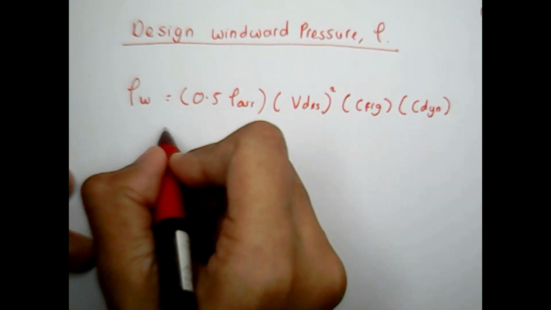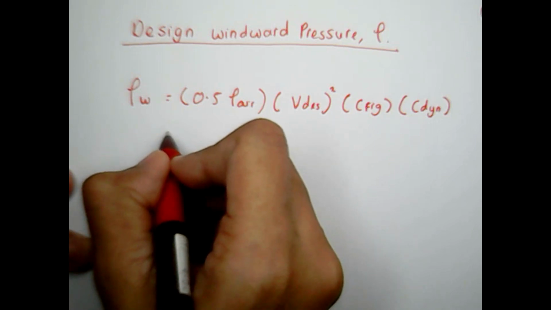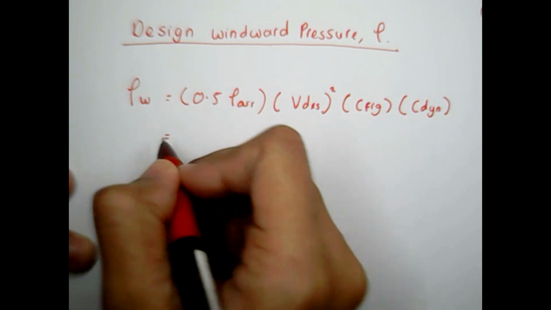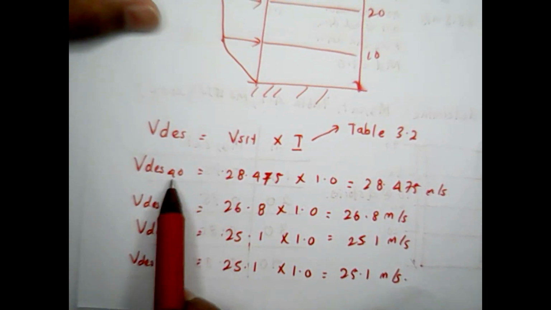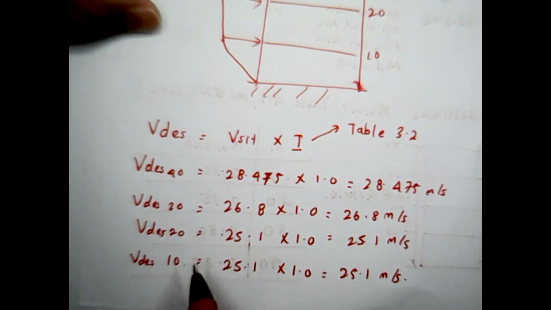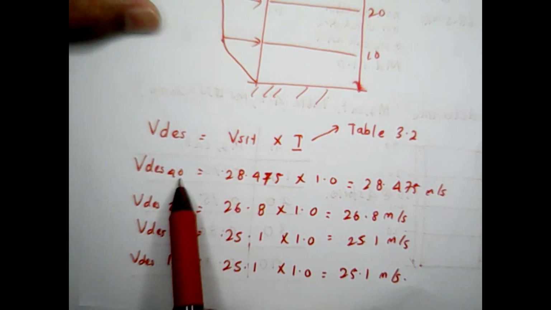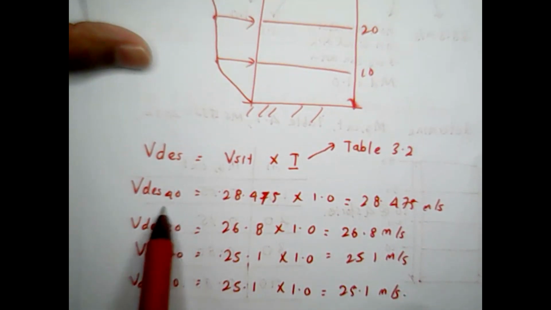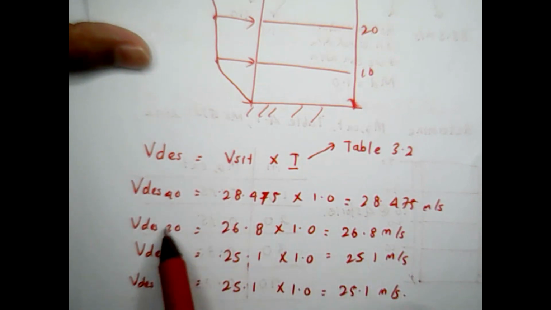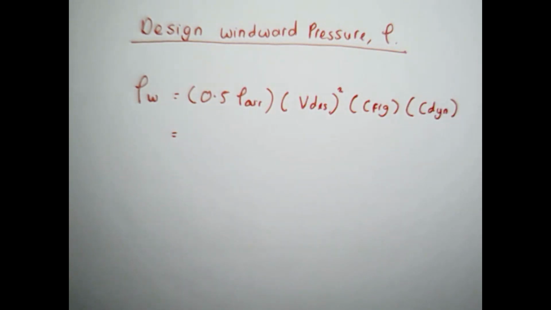If you still remember, we have varying design speeds, 10, 20 until 40. But for this particular case, I will show only the 40 design windward speed, and the rest you can calculate on your own. This is just for the sake of this example.